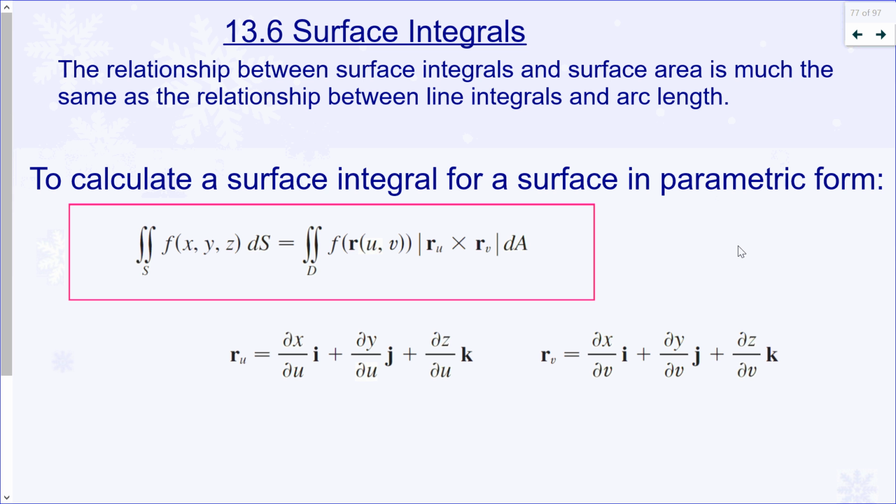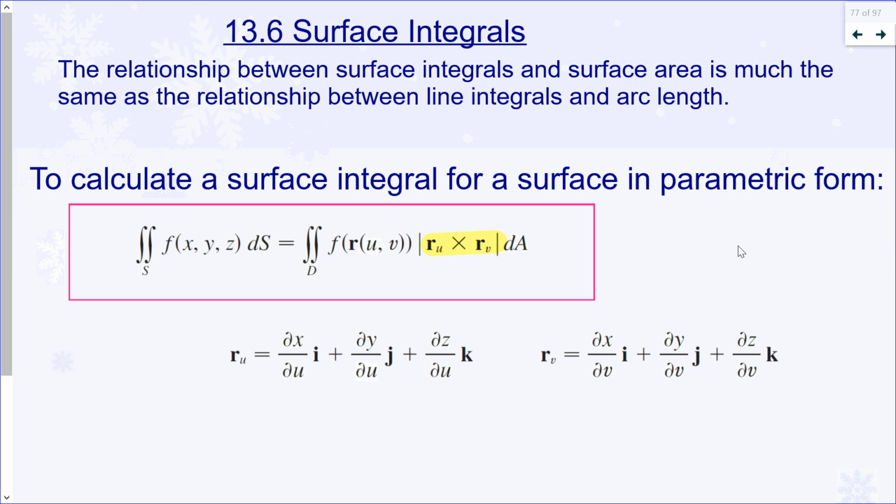And then the equation to do that is you take the cross product of the vectors that are generated by taking the partials with respect to u of x, y, z, and that's a vector r sub u, and then the partial with respect to v, the other parameter that you choose, of x, y, z. You take the cross product, find the magnitude of that cross product, and that is going to be this part of the integrand.